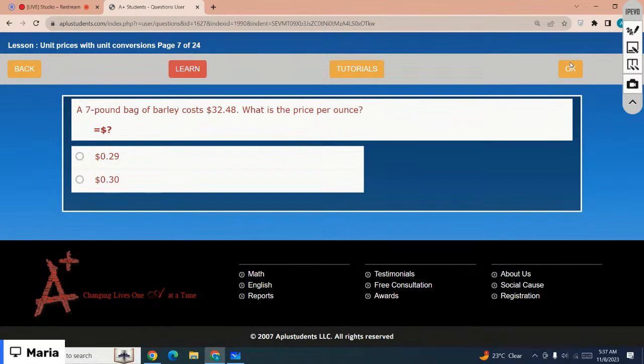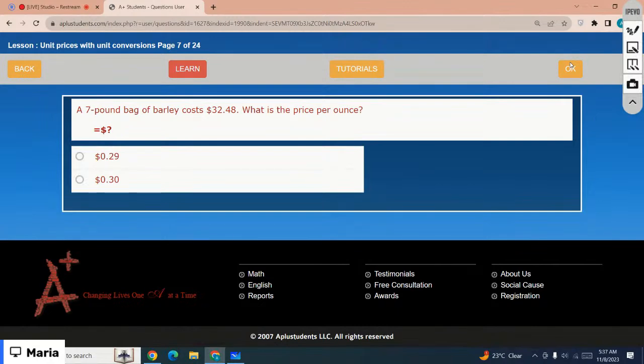Which is the correct option? 1 pound equals 16 ounces, right?